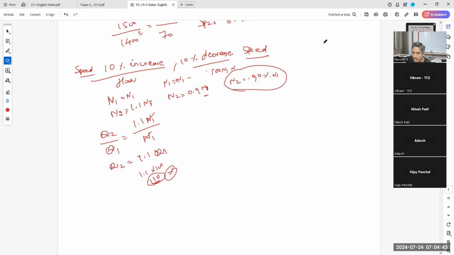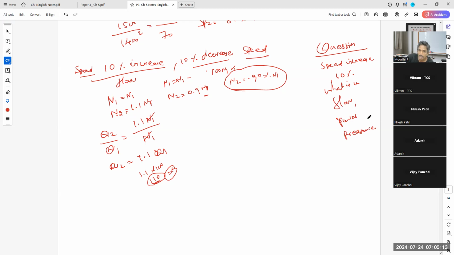Only the question they ask, everything is highlighted: speed increase 10%. What is the flow, power, pressure? They will ask like this. Understand?